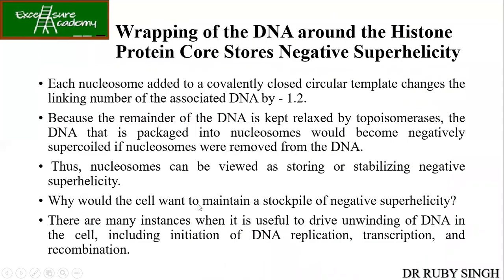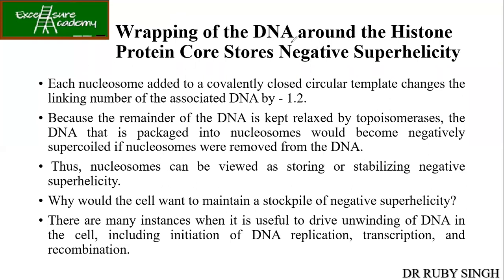Okay. Now, this is again an important slide because you need to remember something about the DNA. So, DNA negative superhelicity. Already in the previous lecture, we have talked about the DNA being negatively supercoiled. Okay. So now how is this going to favor nucleosome formation? That is what we are going to see now.